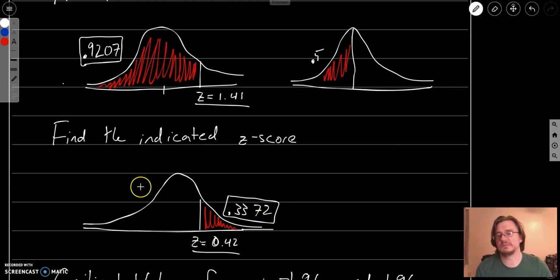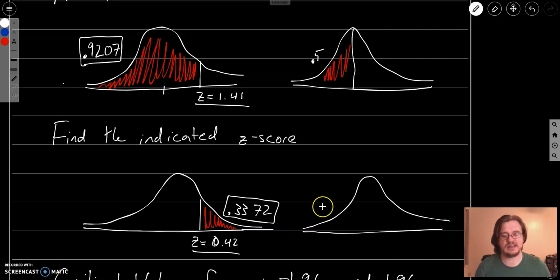And the trick is, this is symmetric. So if I take the normal distribution and flip it over, instead of looking at the area to the right of this value, I can look at the area to the left of this.